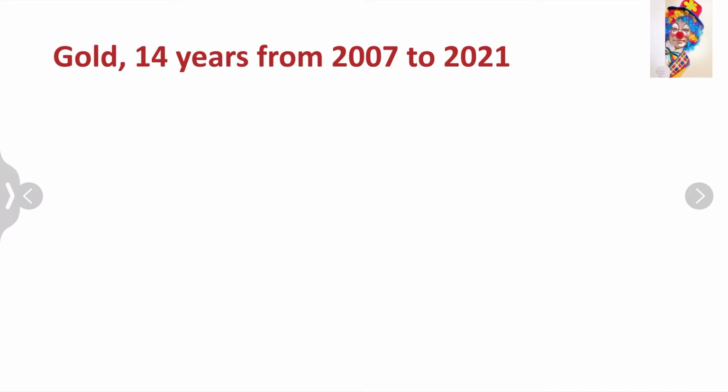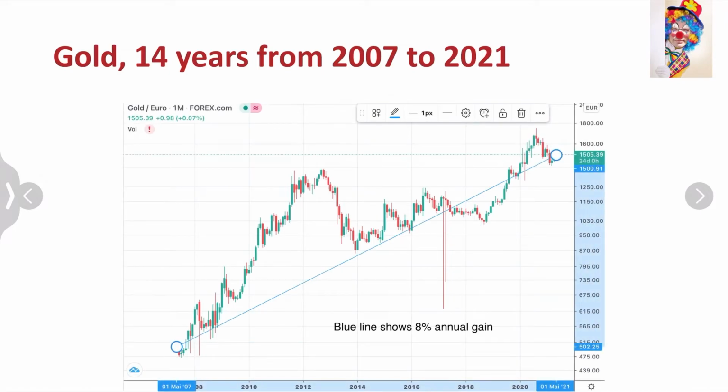What about gold? Here we look at 14 years from 2007 to 2021. And here, it's not so easy to draw this straight line, but I think you can still do it. What can we say here?